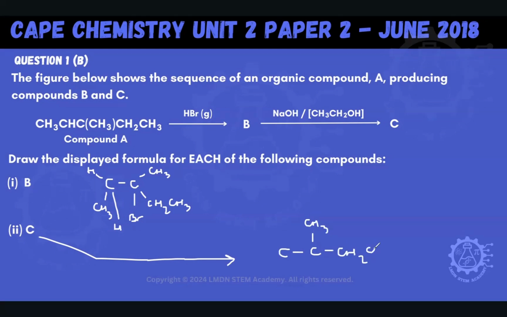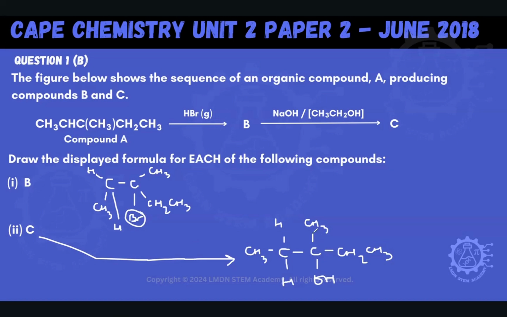Put my ethyl here. The Br, wherever the Br was, this guy is going to go and it's going to be replaced by the OH. So I put my OH right here, and then everything else remains the same. Okay, so everything else remains the same now. So that's an alcohol now that I formed.